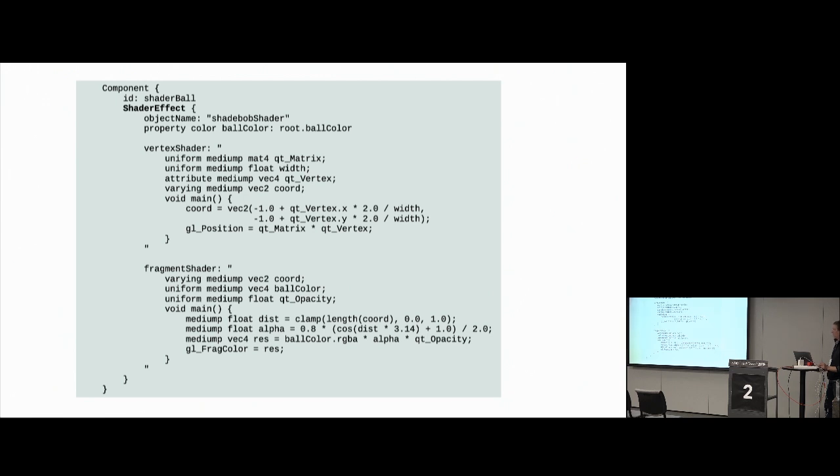But the principle is that you define 4 coordinates in each corner of a ball, and then you define using a vertex shader, and then using a fragment shader you define what the color should be for every single pixel inside of that rectangle. And the color, as we made it, is decided based on the distance of each pixel from the center of the ball, which would create a shaded blob.